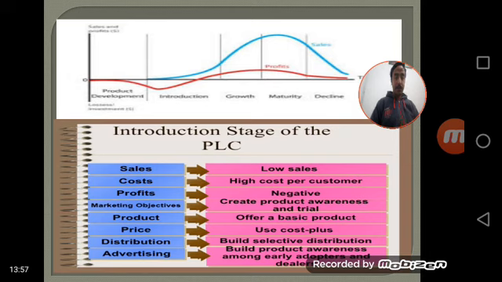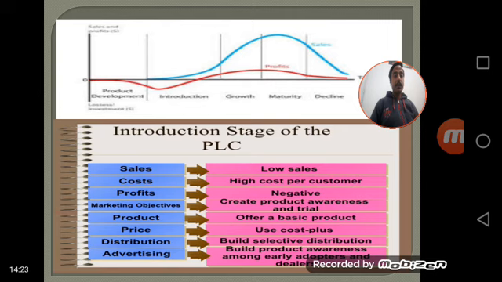Clear? Next, after the marketing objective comes the product: they offer a basic product only. So in the first stage, that is the introduction stage, clear? They will offer a basic product, their real product, in the market.